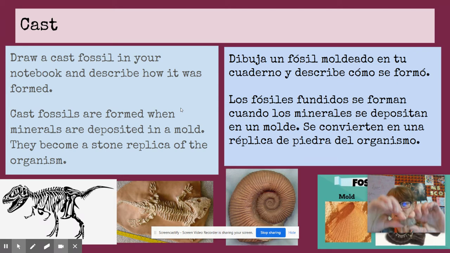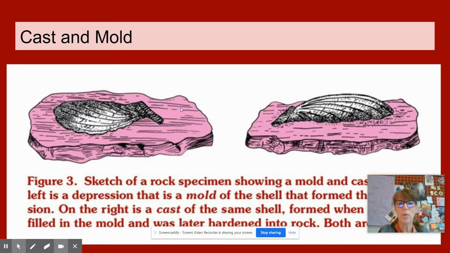So here is an example of a cast fossil. So with a cast, sediment fills in the mold, and then you have rock the shape of that organism. So here you see the cast that came from this mold.